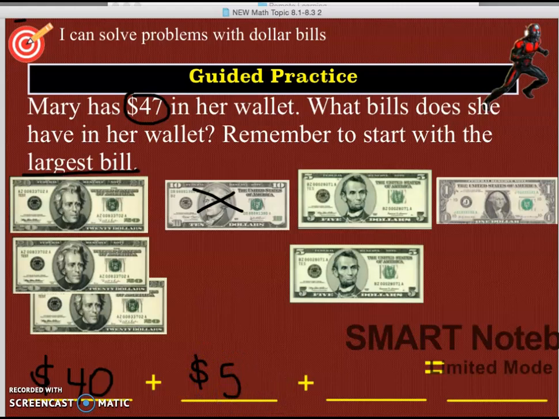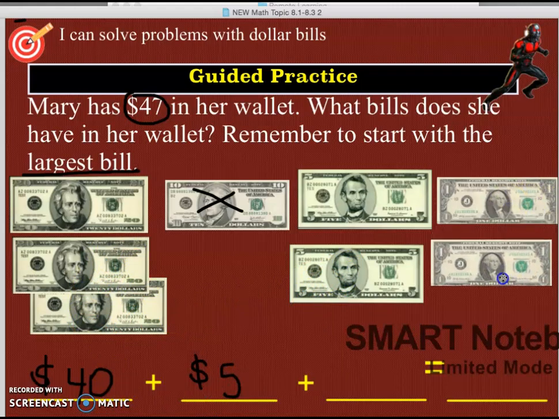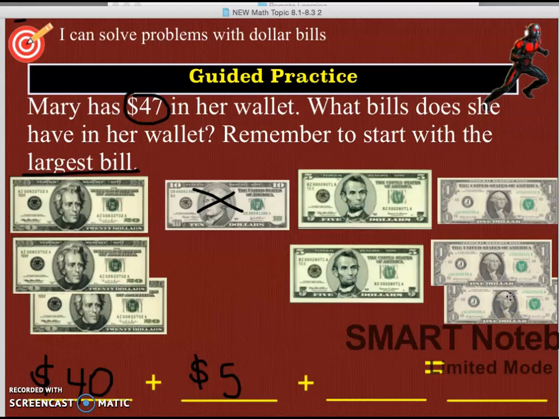And let's count on to see how many $1 bills we need. So we have 20, 40, 45, 46, 47. Great job. So how many dollar bills do we have? 1, 2. So we have to add 2 more dollar bills.